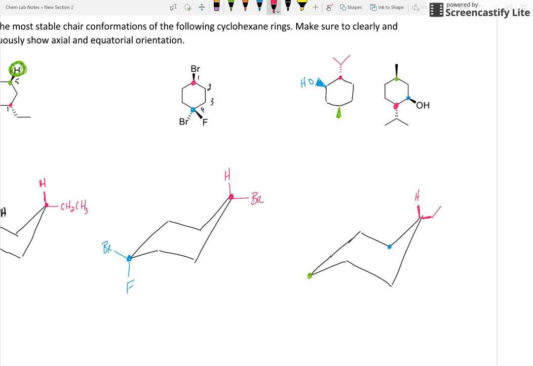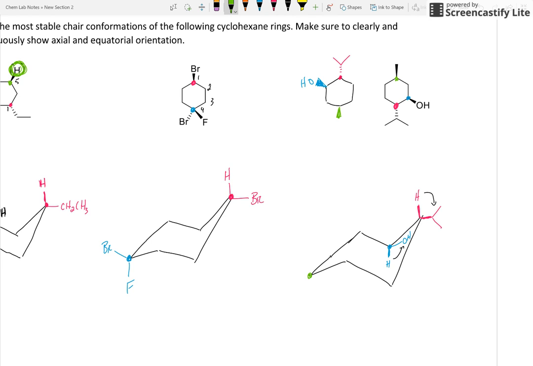Cool. Bulkiest group is isopropyl. We put that equatorial. We draw our arrow from our hydrogen down. The relationship between the isopropyl and the alcohol is trans. So we go to the blue. There's my hydrogen. There's my alcohol sticking out. Up and down, trans.